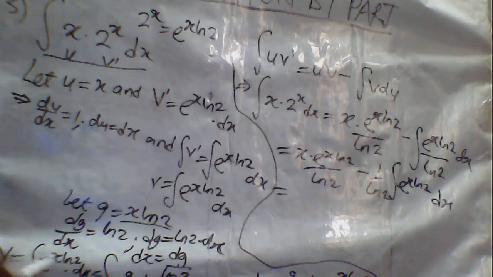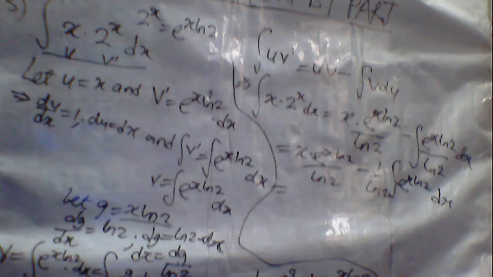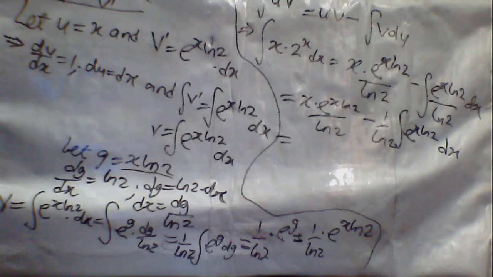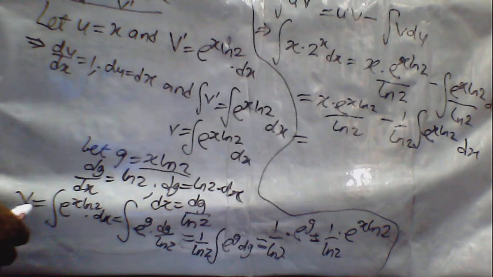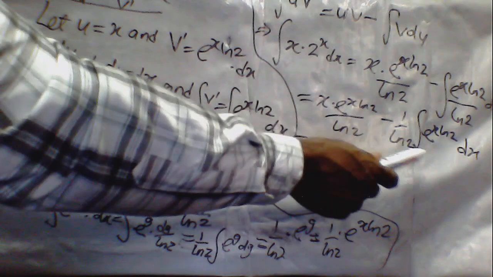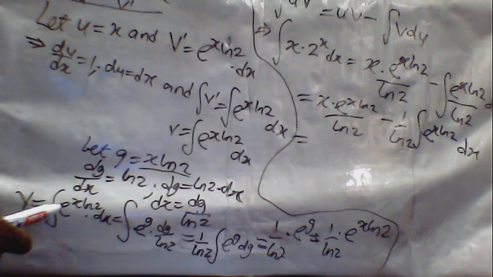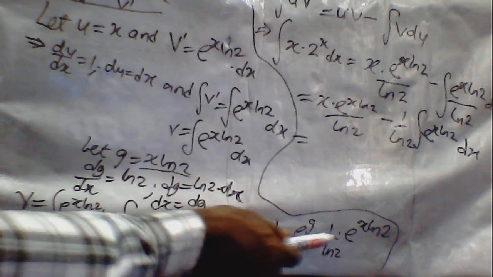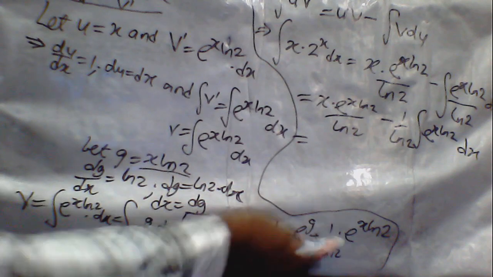So if you integrate it, you will get, as we have seen, v from our formula here. We have gotten the integration before. v is equal to the integral of e raised to power s ln 2 ds. So we arrive at e raised to power s ln 2 divided by ln 2.